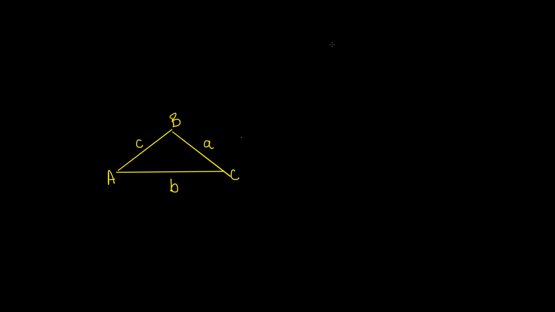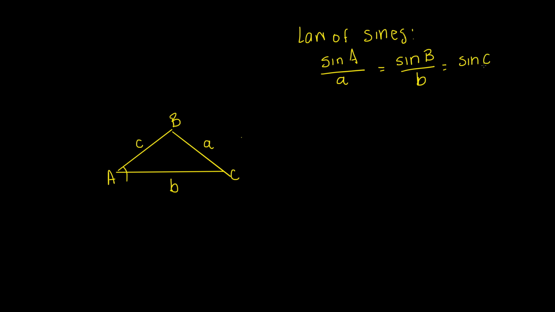The law of sines states that sine of angle A divided by side a is equal to sine of angle B divided by b. Basically the ratio of sine of the angle divided by the length of the opposite side will equal the same ratio as sine of angle C divided by side c.